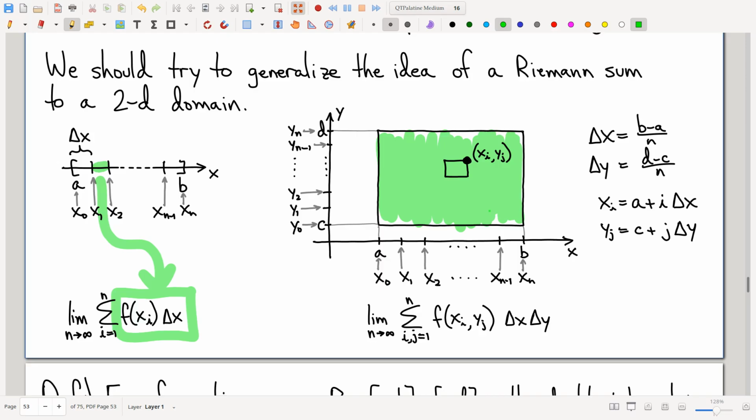Or if I want to compute mass, then I'm going to need mass per unit size to multiply by size to get mass, and I add up all the mass. Same basic construction. It's just that now area is my size, because that's a little piece of area, as opposed to over here, where length was my size, because this is a little piece of length.